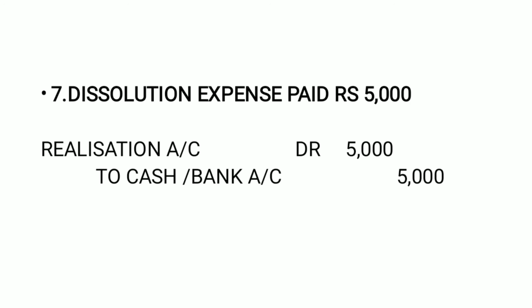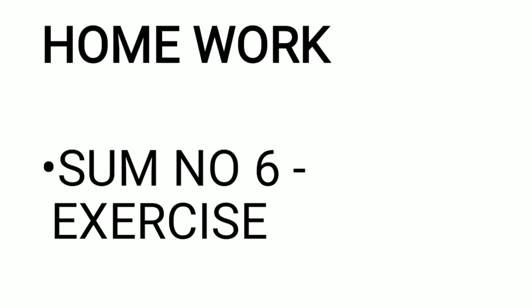And you are supposed to write down the journal entries for the same with narration. So this is how your sum is going to be. Let us check what is your homework for today. You are supposed to finish sum number 6 that we have done in today's lecture from the exercise in your fair books. Alright?